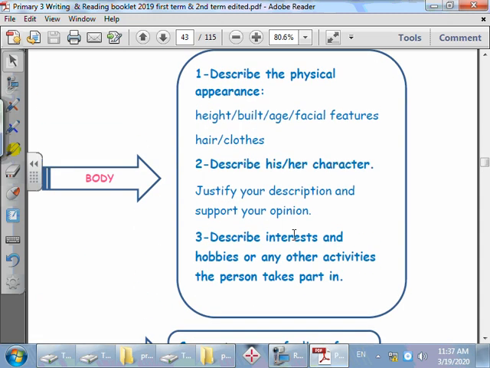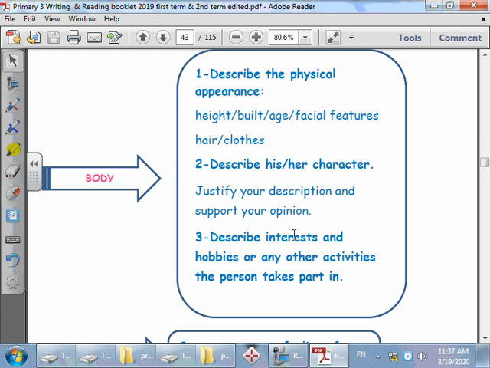Next, the second paragraph is the body. So number one, introduction. Paragraph number two is the body. What do you write in the body? First, we describe the physical appearance. What is the physical appearance? It's the height. Is he tall, short? The build, his body. Is it well built? Is he thin? We're going to look at more details and more words we can use.